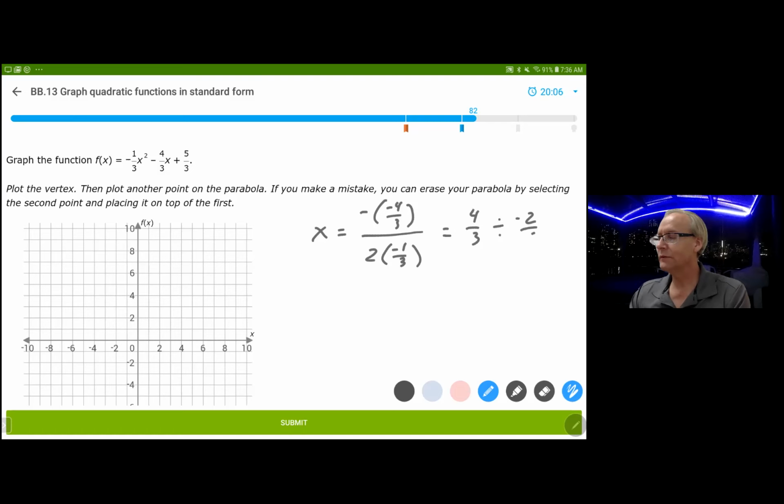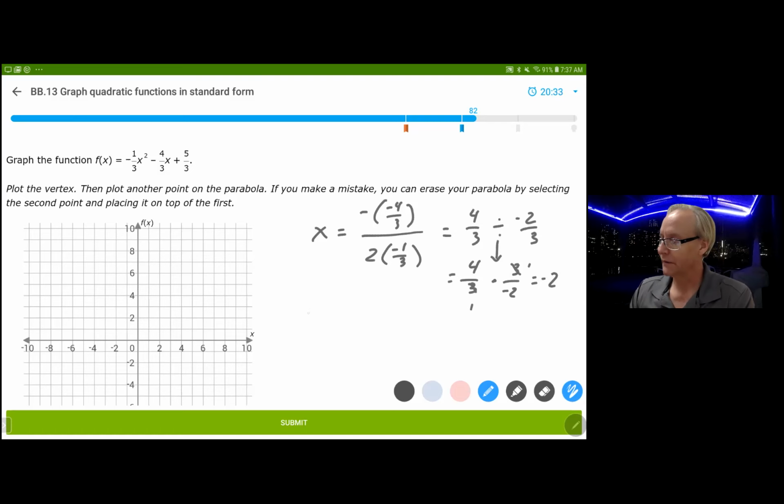Now I know this looks really ugly and long and it's an ugly process, but it isn't that bad. Remember how fractions work. You take 4/3, you change it to multiplying by the reciprocal, and look what we get. -2 for our x.